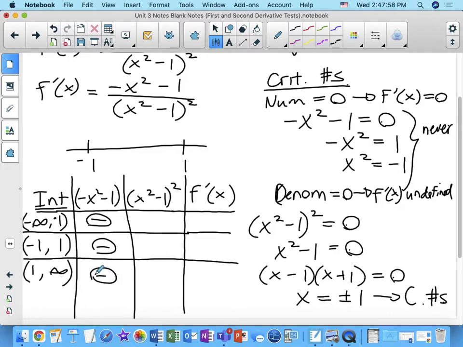Okay, and it's not undefined because we're excluding the values, negative 1 and 1, where that could happen. So this is positive everywhere because it's a square. Okay, f prime of x is numerator divided by denominator, negative divided by positive. What's the sign of f prime of x? Negative, negative, negative.